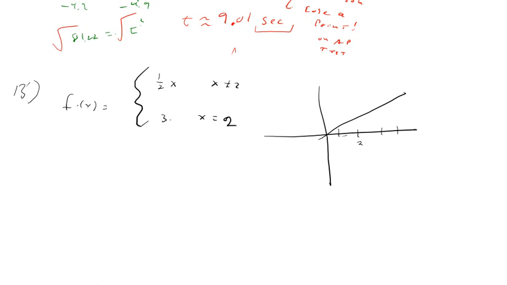It's an empty space right there at 2. And at 2, it goes up to 3 and fills in the dot there. If this graph were touching 2, it would actually be at 1, right? It'd be at 1. 1/2 x is this equation here.